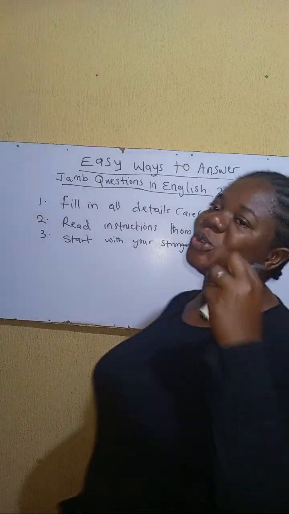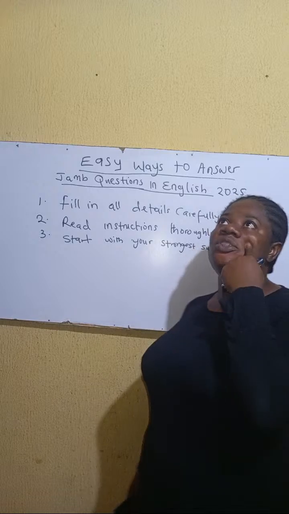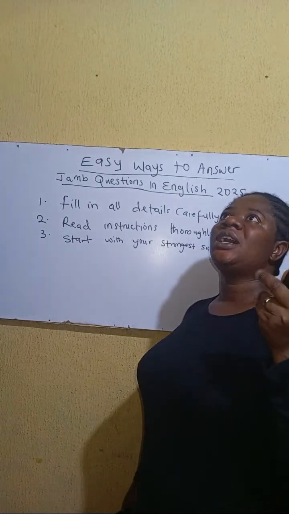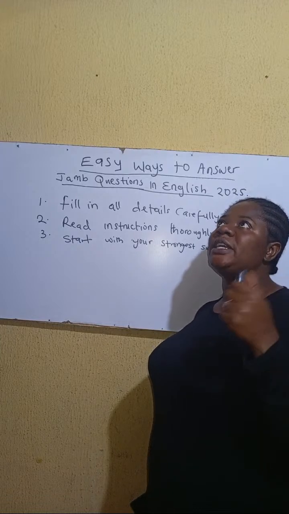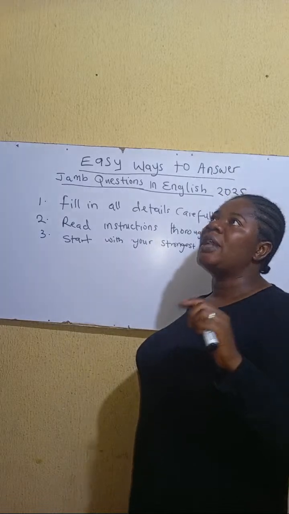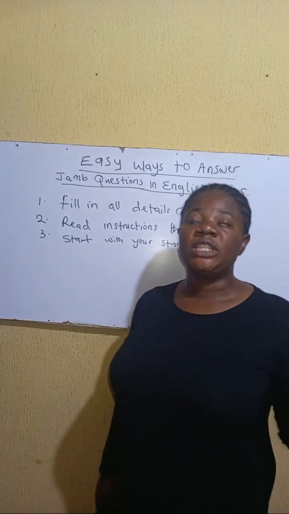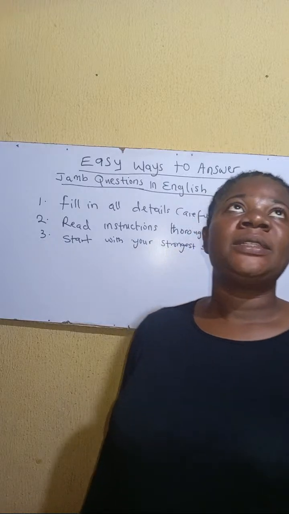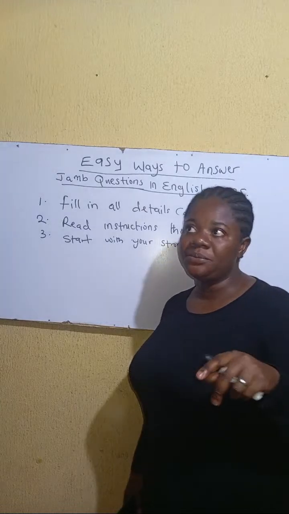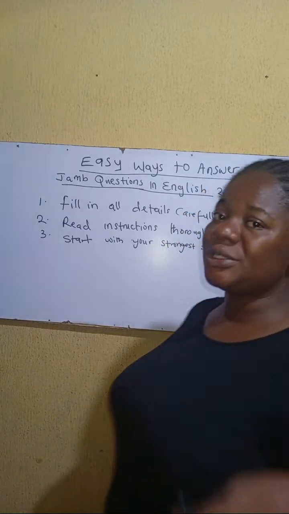Start with your strongest subject, despite the fact that in UTME or in JAMB, the subjects that are required, maybe if you're in science, you need chemistry, physics, English, and maths. Okay, if you're in arts, you need English, literature in English, mathematics, and I think CRK. If you choose that, that's for those that are studying art.